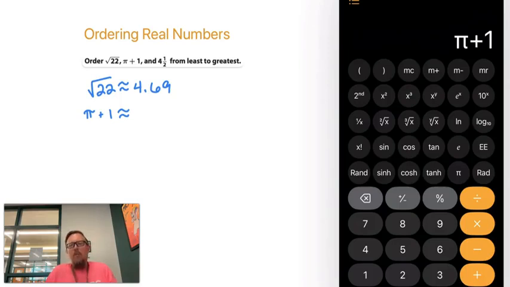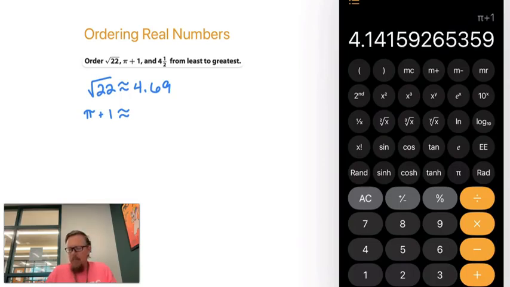That's close enough for this problem. So pi plus 1 gives us approximately 4.1416. We really don't need that many places after the decimal. Two looks like it's going to be fine, but we'll put some extras just in case.